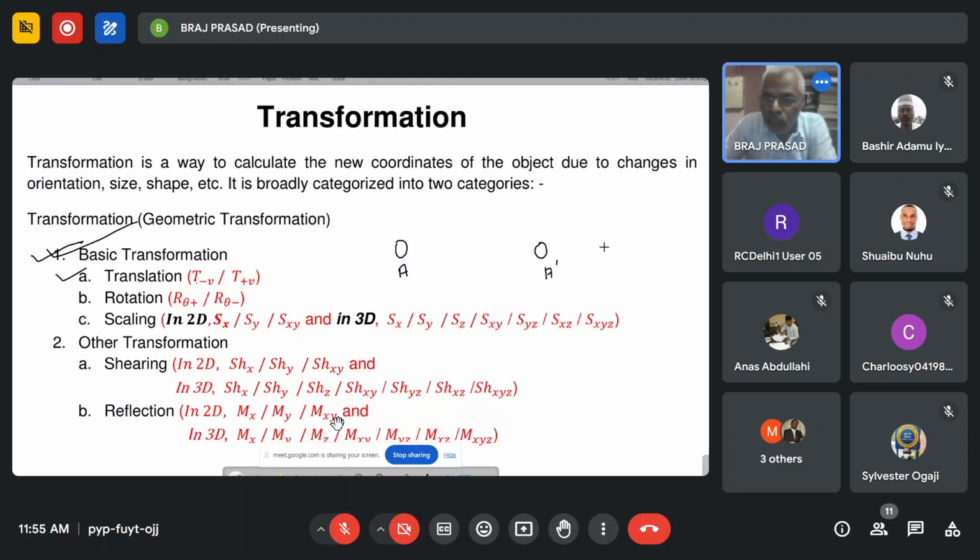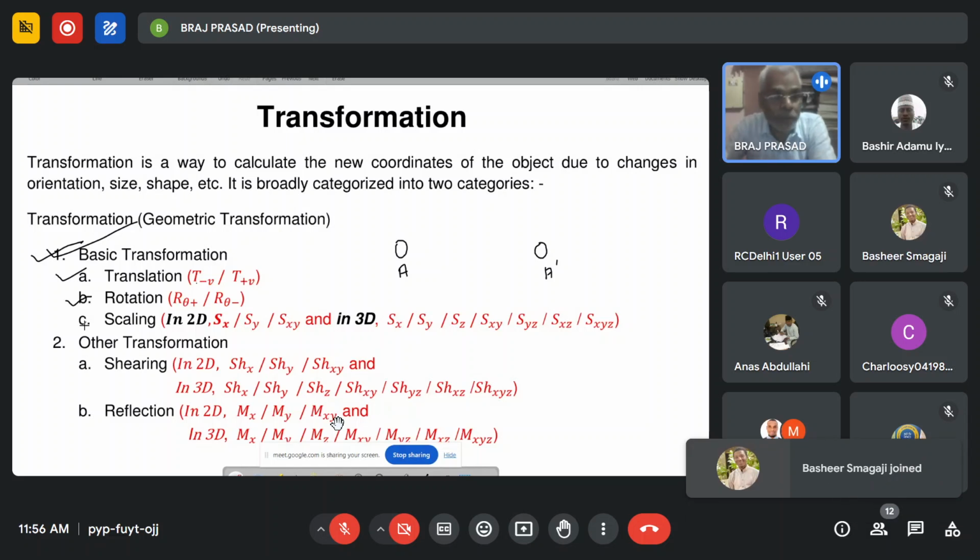But if we rotate the object by some angle, then it is called rotation. And if the size is changed, or we increase or reduce the size of the object, we need scaling.